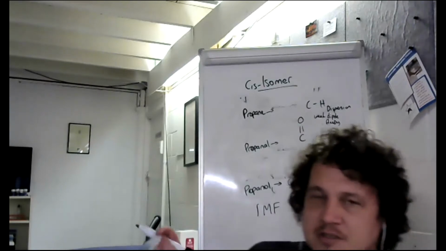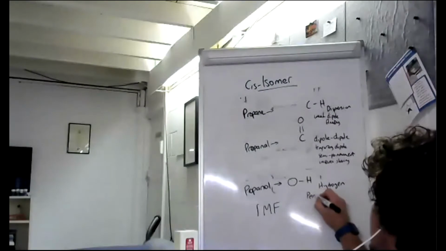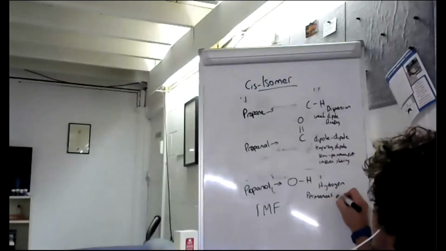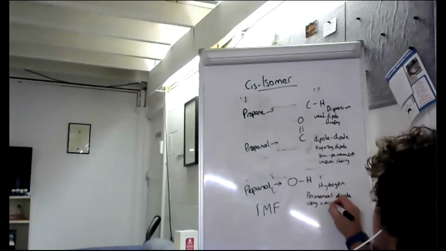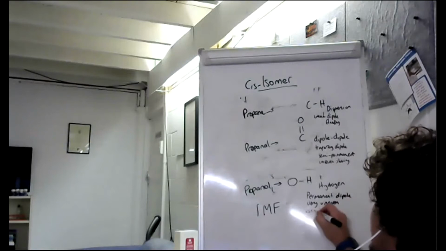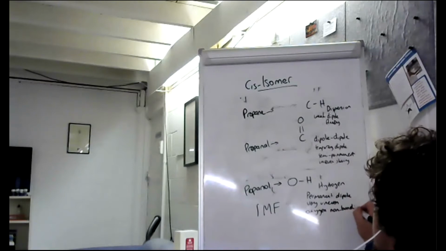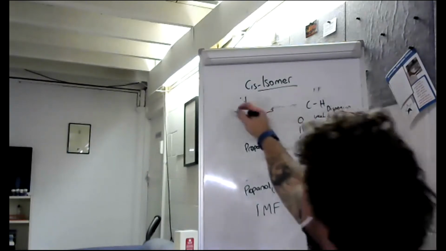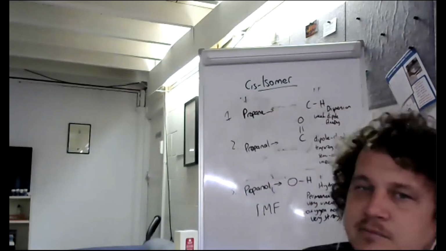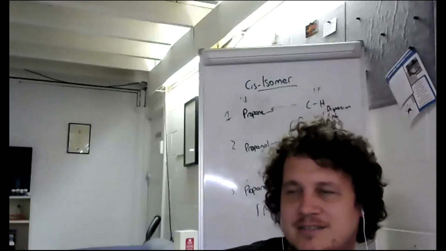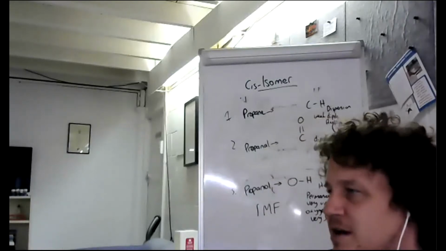And then for hydrogen bonds, permanent dipole, very uneven. Oxygen has non-bonding electrons, very strong bonds. And you rank them like that. One, the lowest, second lowest, highest. And you use those kind of justifications. That's how you would get the full 3 marks.